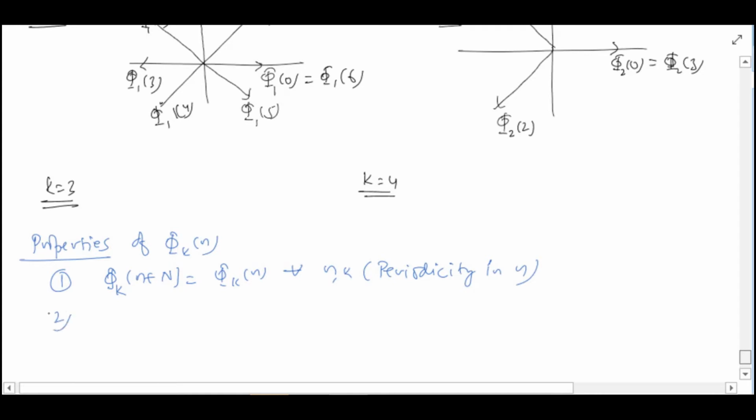Okay. Similarly, we have phi k plus N of n equal to phi k of n, and this is called periodicity in k. This is the property that we just saw.